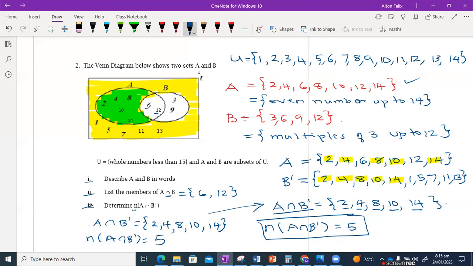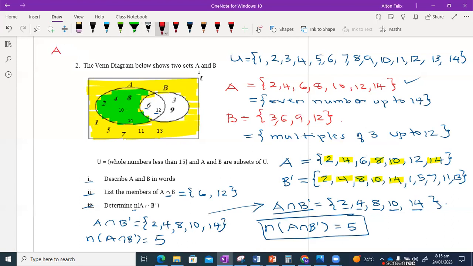I want to make one final point here just before I move on to the other question. I want you to be very careful that you understand, and I put it right above the diagram, the number of members. What I want to say is this: A intersect B complement. Let me try writing it again.